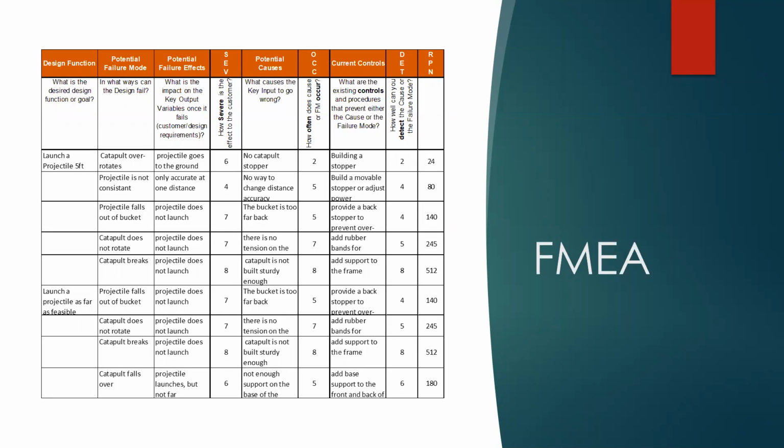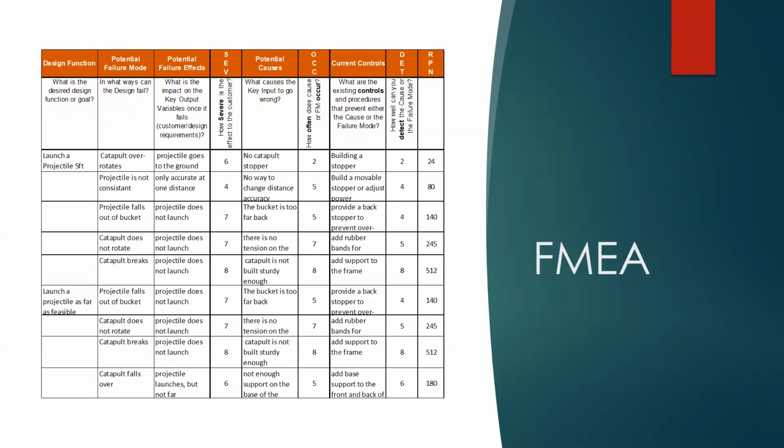So we made sure that there was a certain amount of tension. It was built sturdy enough, and the bucket was not pulled too far back, so as to ensure that the Gobstopper would stay in the bucket the entire time. And a lot of these same design flaws go for not launching it 5 feet, or as far as possible, such as over rotating, not rotating at all, it breaks or it falls over.